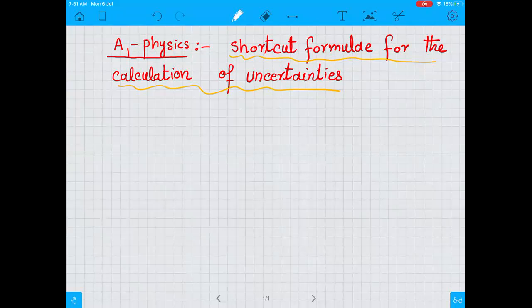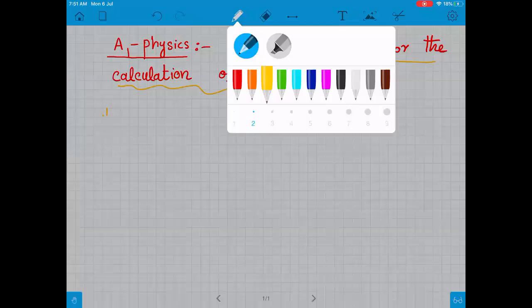The first formula that we need to discuss is for addition.